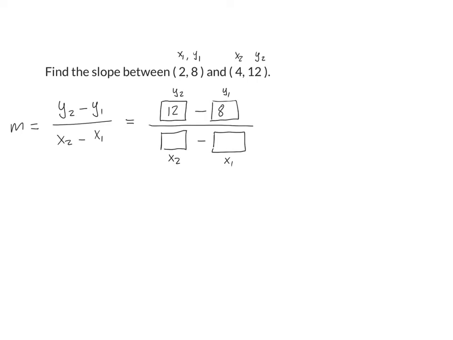The next number that we're going to be looking for is x2. It tells me right here x2, and this is our x2, so 4. And lastly, our x1 is going to be right here, so 2.